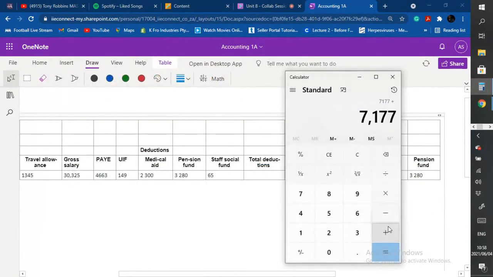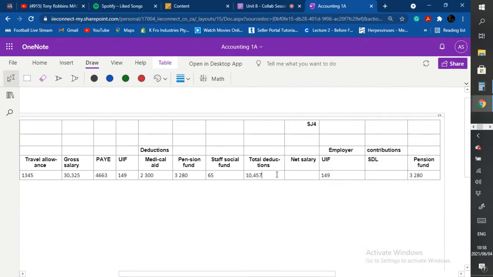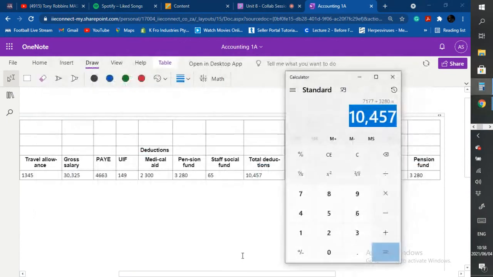Fortunately, we still have that, so plus 3,080. And there we go. See, now you know why I don't work in HR. We'd be messing up people's salaries here.